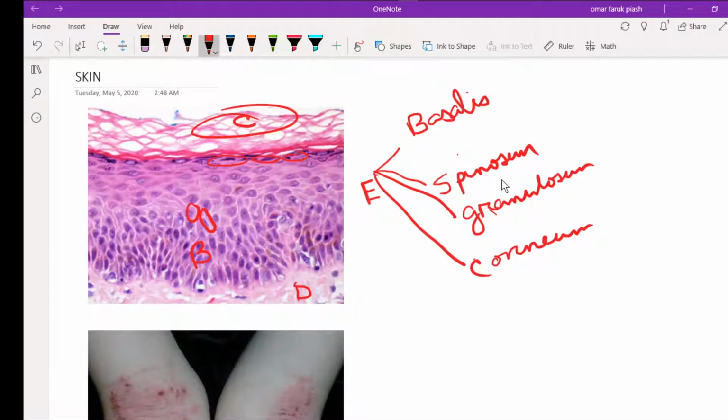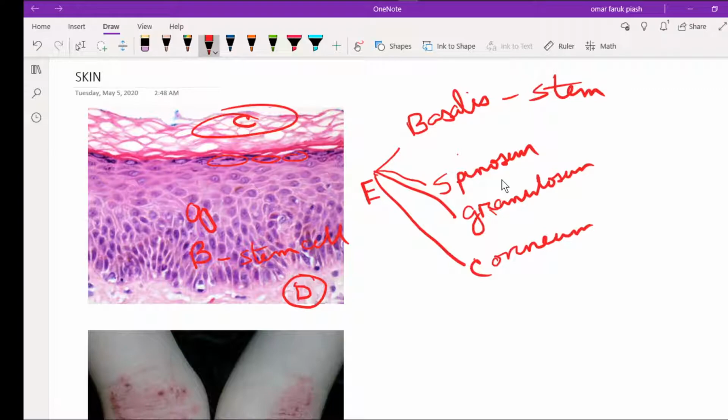So in skin, this is dermis, where there are nerve endings, blood vessels, lymphatics and connective tissue. This is stratum basalis or basal layer. This is the stem cell layer or regenerative layer.